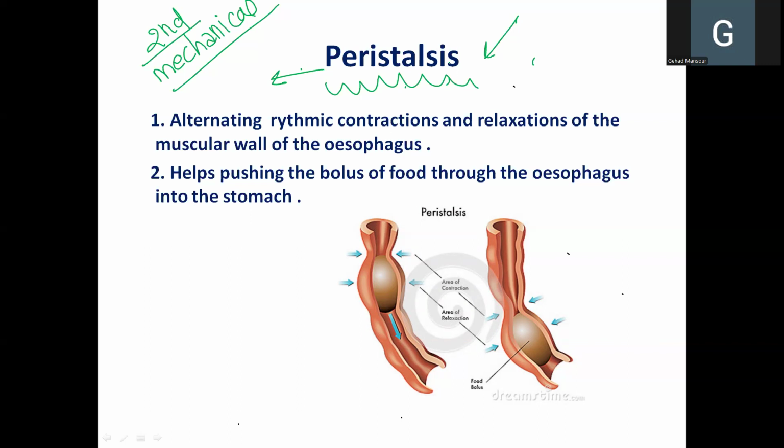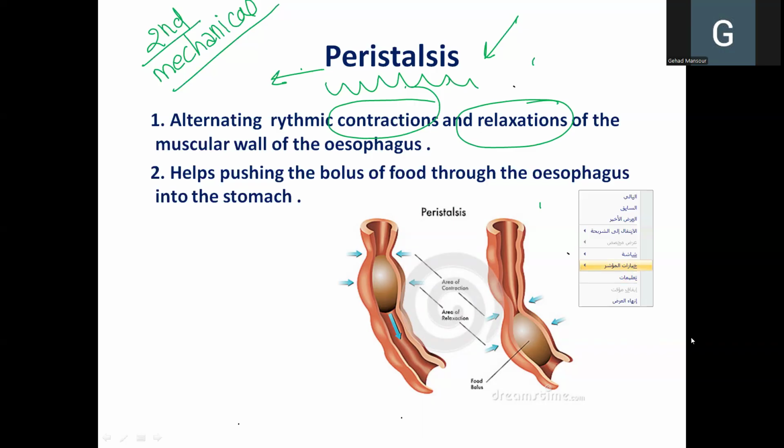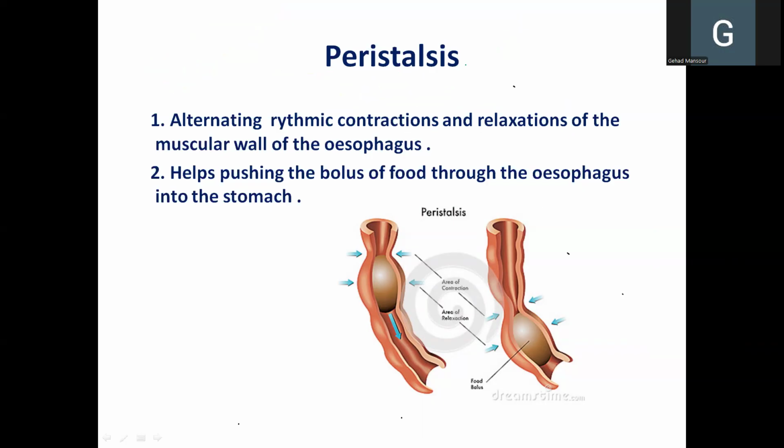And peristalsis is nothing but regular, rhythmic means regular, at regular intervals, contractions and relaxations. The aim of peristalsis in general, which consists of contractions and relaxations that alternate with each other, the main purpose is mechanical digestion.